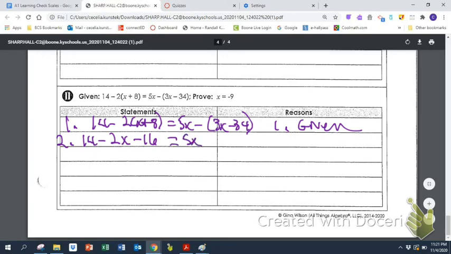Now remember, whenever you have that negative in front of something without a coefficient, you assume that's a negative 1. So you assume that you are going to multiply a negative 1 times what's inside of the parentheses. So we're going to have 5x minus 3x plus the 34. And that, of course, is the distributive property.